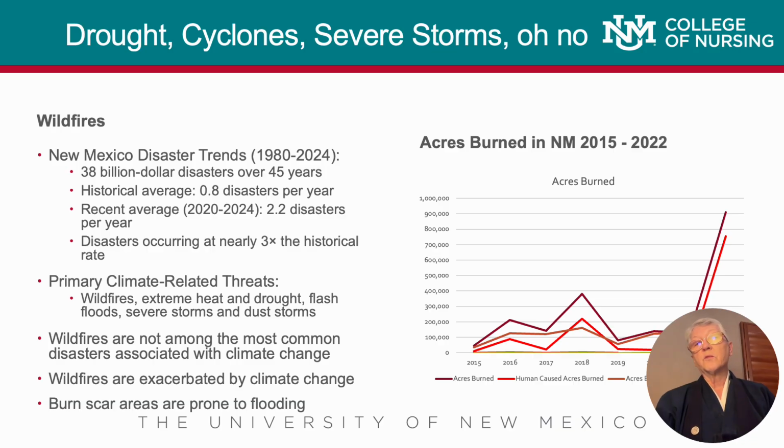Increased temperatures and vapor pressure deficit from 2000 to 2015 contributed to forest areas experiencing an average of 9 more days of burn.